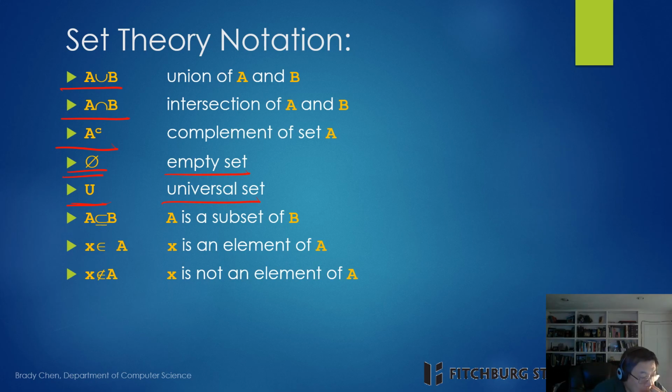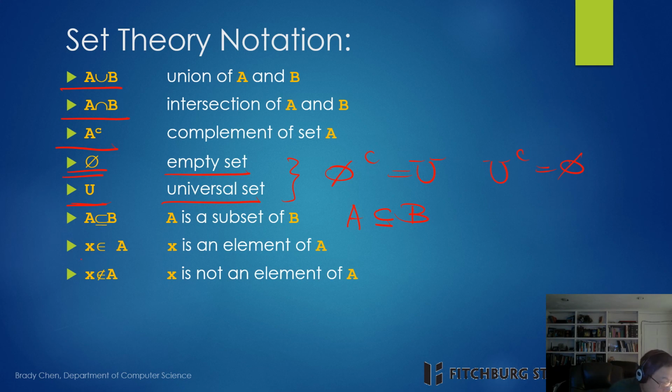That's why the empty set and the universal set are pretty much the opposite. So always remember that the complement of the empty set is the universal set, and the complement of the universal set is the empty set. That is just the opposite. We can also talk about a subset: we use A included in B. That's a subset.